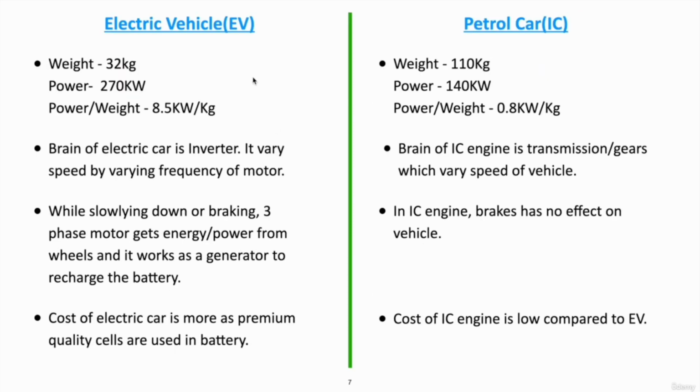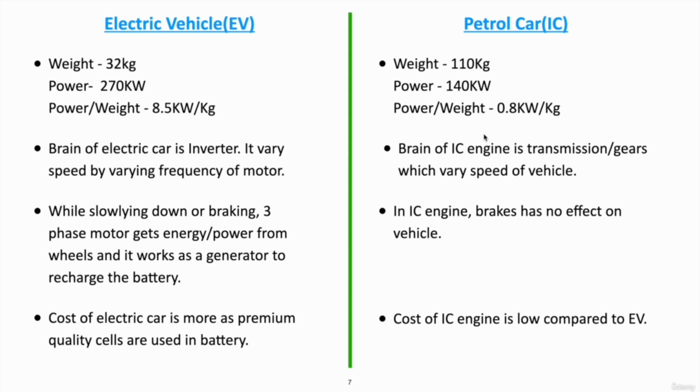Next we have weight and power to weight ratio. The weight of the electric motor is 32 kgs and the power is 270 kilowatt, and in IC engine we have weight 110 kgs and power 140 kilowatt.